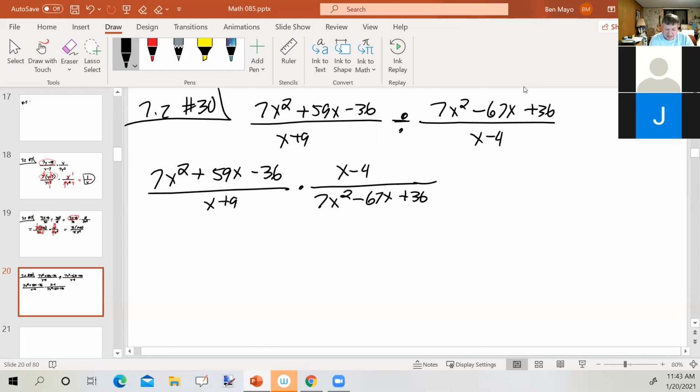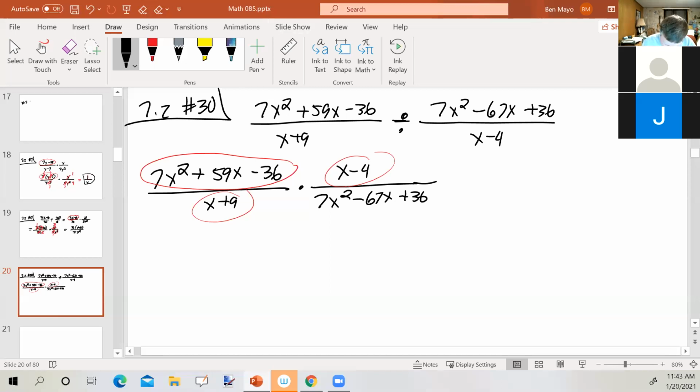Okay, I can't factor the x plus 9 or the x minus 4. So let's take a look at that. I'm going to use factoring by grouping. If you want me to use the trial and check method, well, say so and I will.